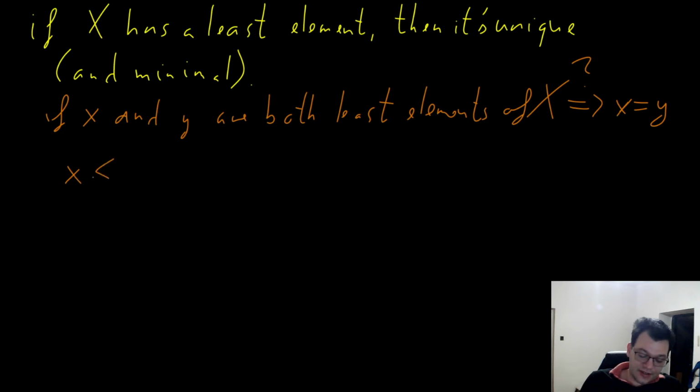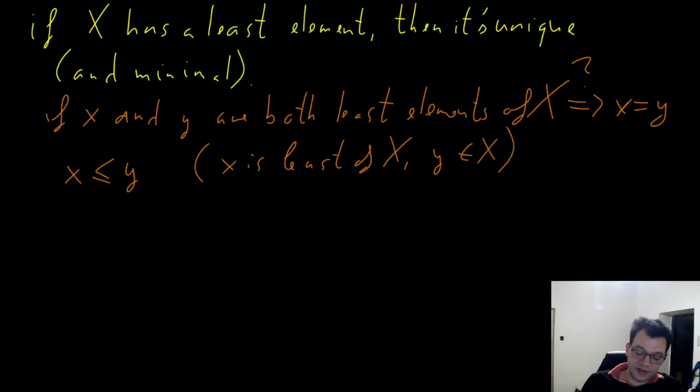Then x is smaller than y, because x is least of X and y is a member of X. The least element means that it is smaller than each element of the set. So since x is the least element and y is a member, we have this.